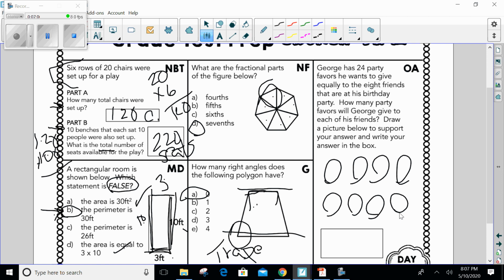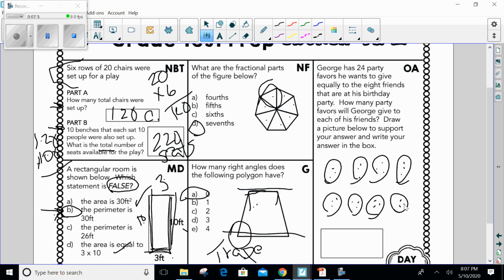George has 24 party favors. So we can just go through, 1, 2, 3, 4, 5, 6, 7, 8, 9, 10, 11, 12, 13, 14, 15, 16, 17, 18, 19, 20, 21, 22, 23, 24. Do they all have equal number? Yes, they do.